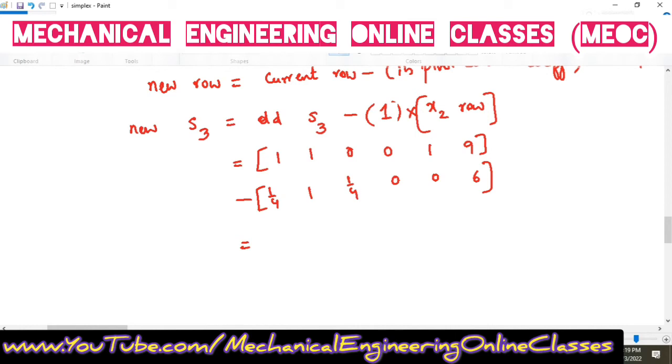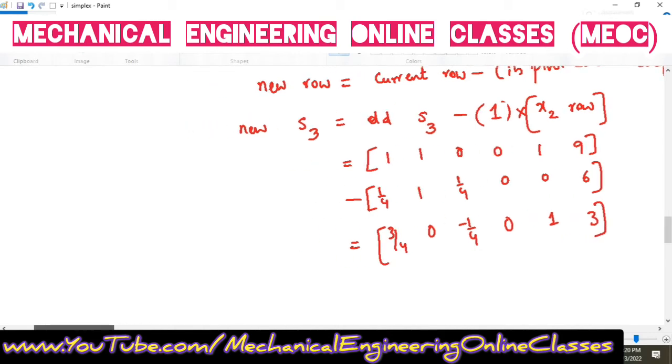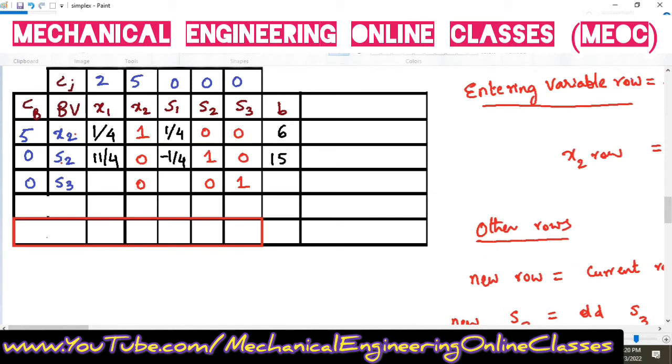So 1 minus 1 by 4 is 3 by 4, 1 minus 1 is 0, 0 minus 1 by 4 is minus 1 by 4, 0 minus 0 is 0, 1 minus 0 is 1, 9 minus 6 is 3. So this is our new S3. Let us write this in the table: 3 by 4, 0, minus 1 by 4, 0, 1 and 3.